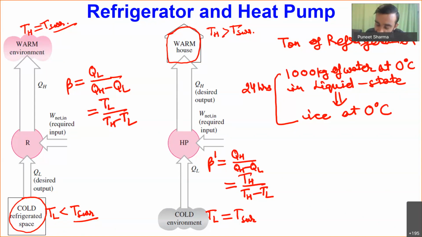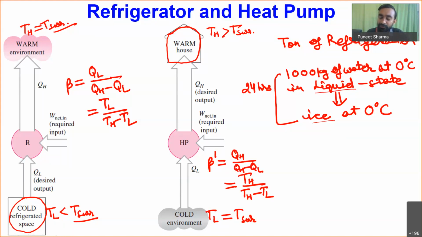So the definition of ton of refrigeration: if we have 1000 kg of water in the liquid state at 0 degrees Celsius, and I have to convert that water into ice at the same temperature of 0 degrees Celsius, and I do this process in 24 hours, then whatever the rate at which I have to remove the heat out of water. Because when I am converting the liquid into solid, ice is actually the solid phase of water, I have to remove a certain amount of heat from the liquid.